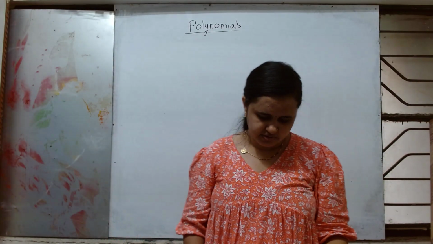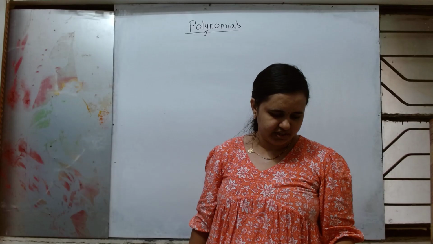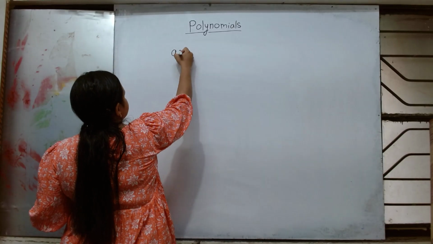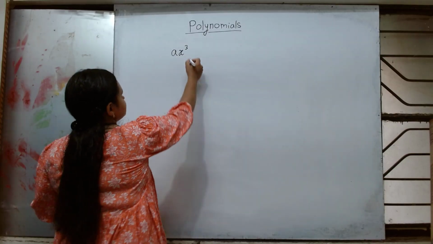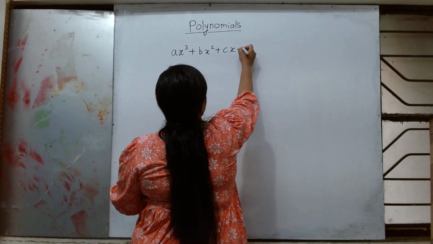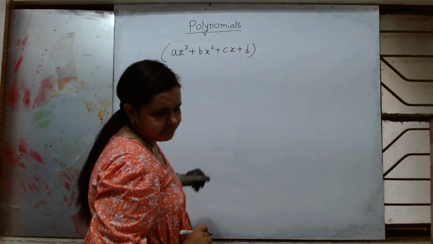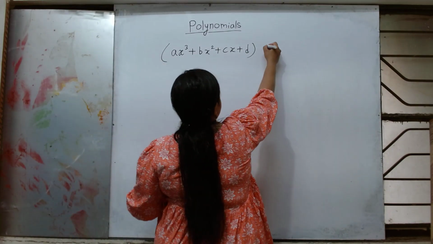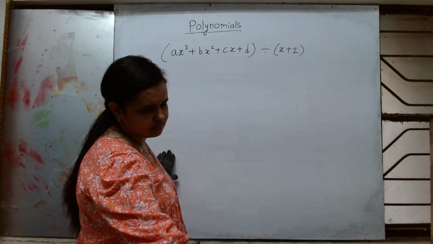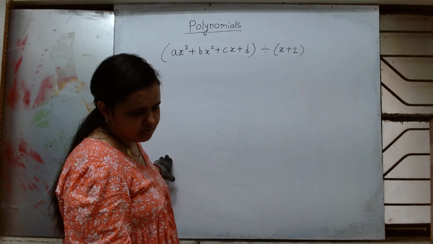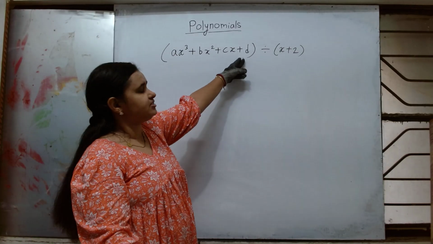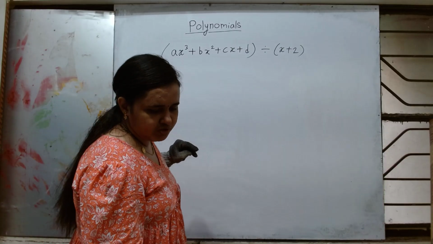Now the last question. If ax cube plus bx square plus cx plus d, the dividend is given in the form of variables, is divided by x plus 2 and the coefficients of the quotient are given.